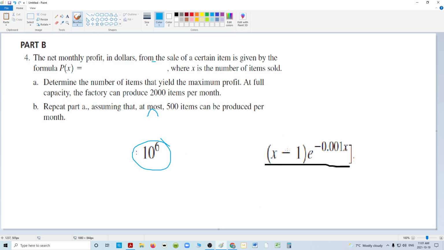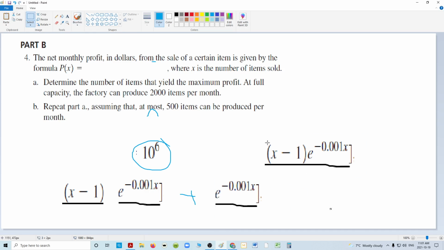Okay, this is the product function, so I have to take the derivative of this times this plus the derivative of this times this function.